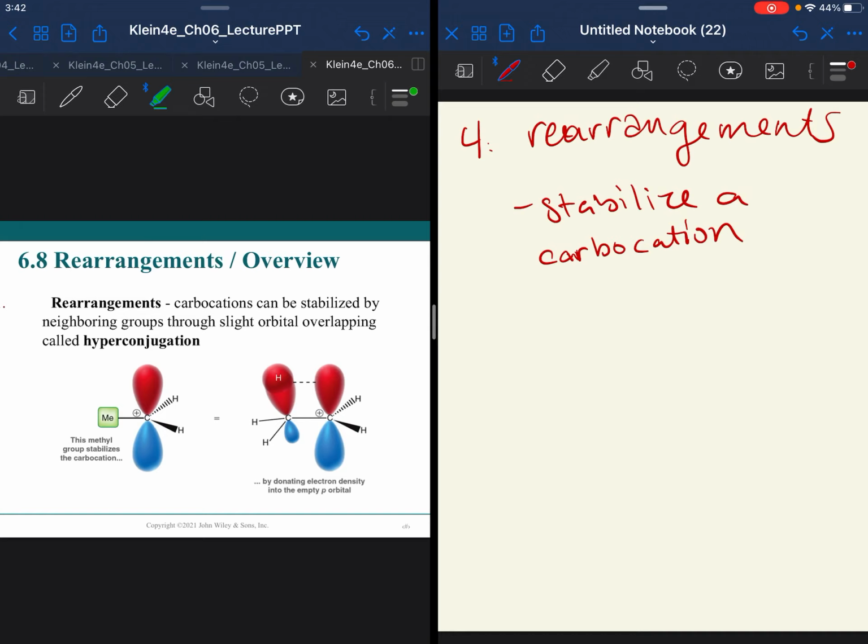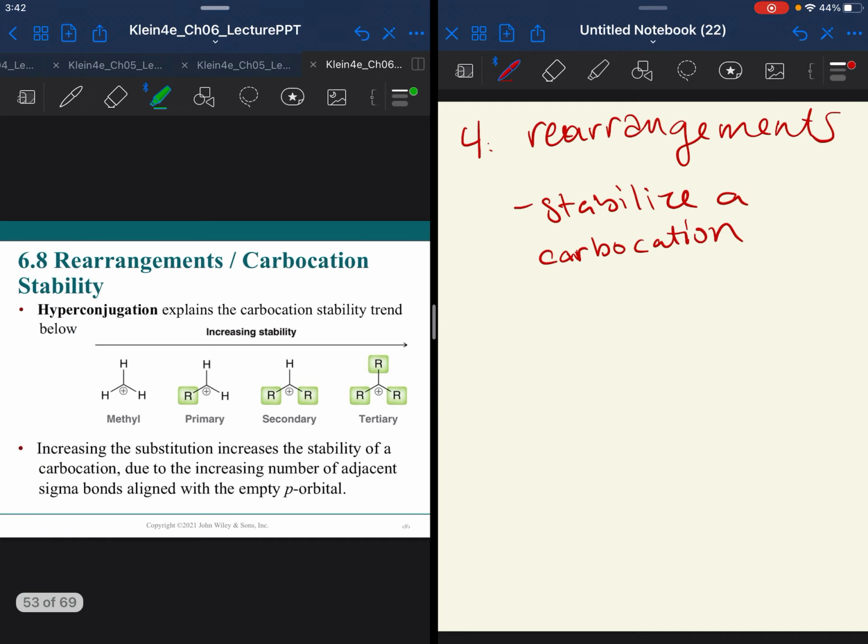It is not resonance. It is not delocalization of the charge. It is actually rearranging, so breaking a sigma bond, rearranging that ion to make a more stable ion.